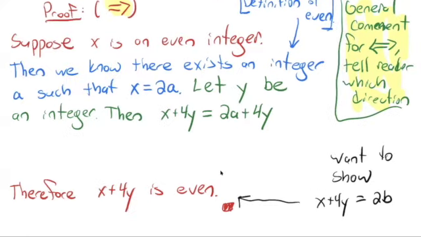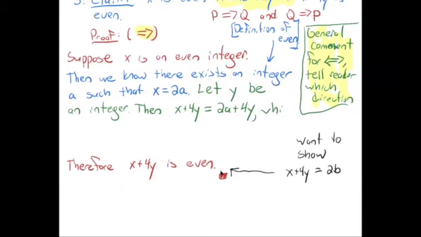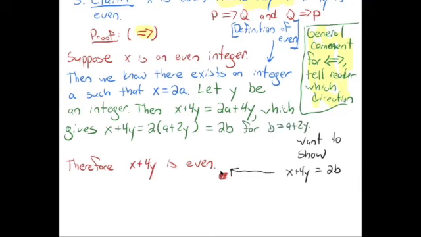I kind of ran out of space here, but I'm just going to factor 2 out from the right side of the previous equation. And so now what I've shown is this expression x plus 4y can be written as 2 times a quantity, which is an integer.